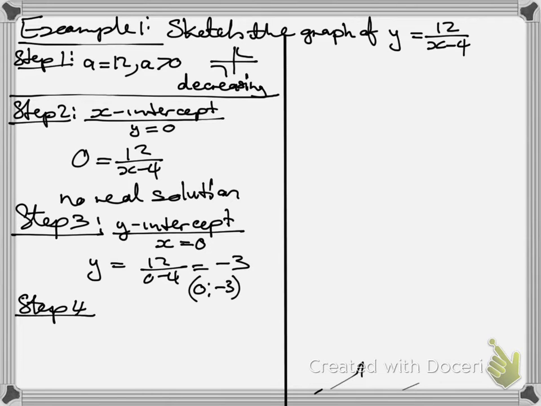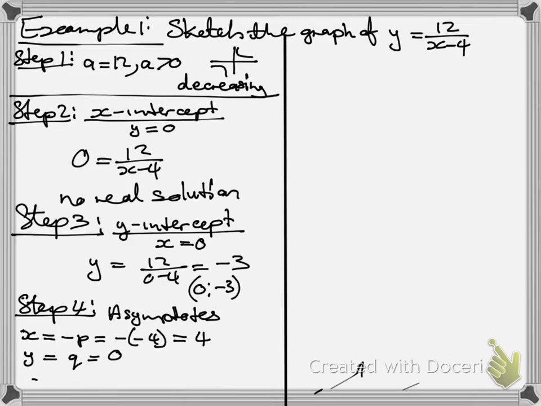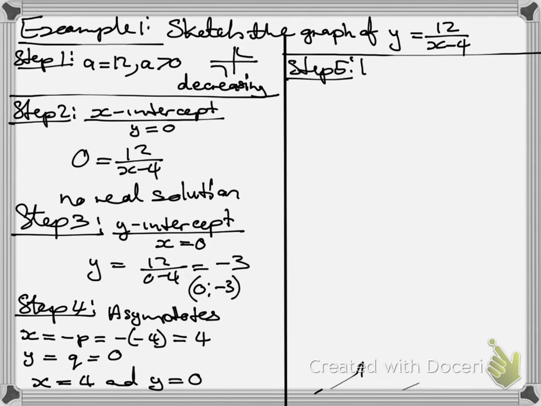Step 4, we find the asymptotes, right? Our asymptotes, remember, it's x is equals to -p, which is, we substitute where there is p, we put -4. So the vertical asymptote is x is equals to 4. And then we put in place of the horizontal asymptote y is equals to q, which gives us y is equals to 0. And then step 5, we find the lines of symmetry.